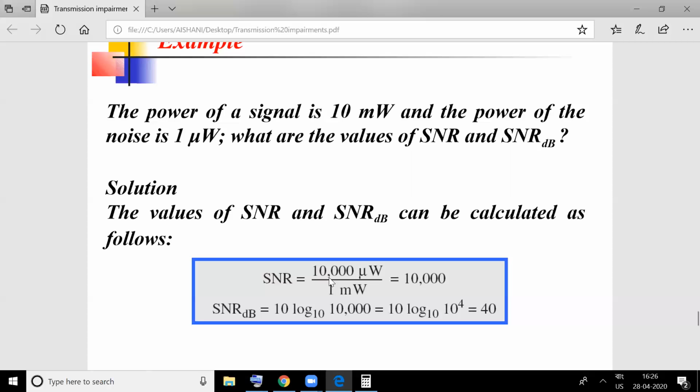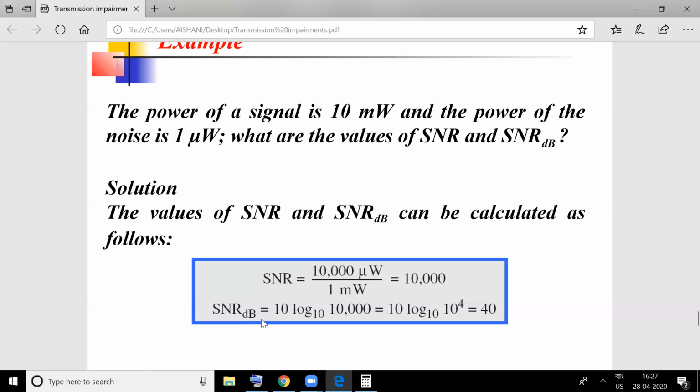So it is 10,000 by 1 microwatt, and because here we have the unit as microwatt, here also we have microwatt. Because it is a ratio, the value will be absolute, there will be no unit of the result. So the result will be 10,000. SNR is 10,000.